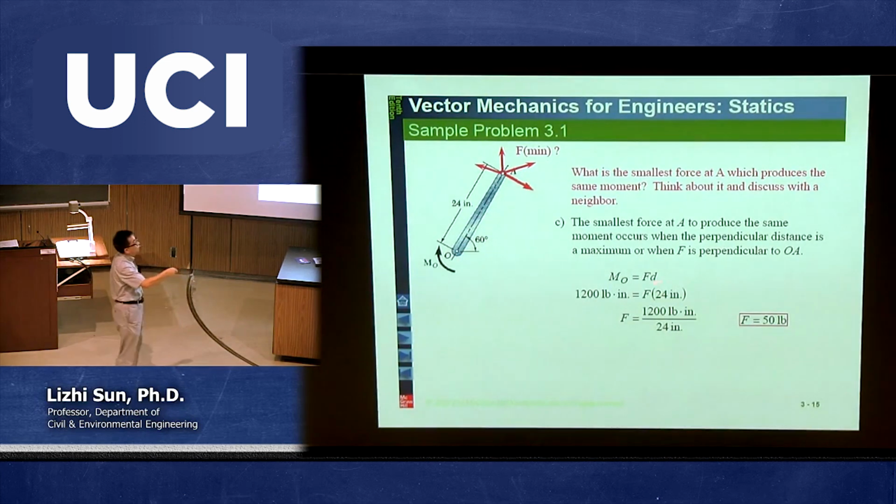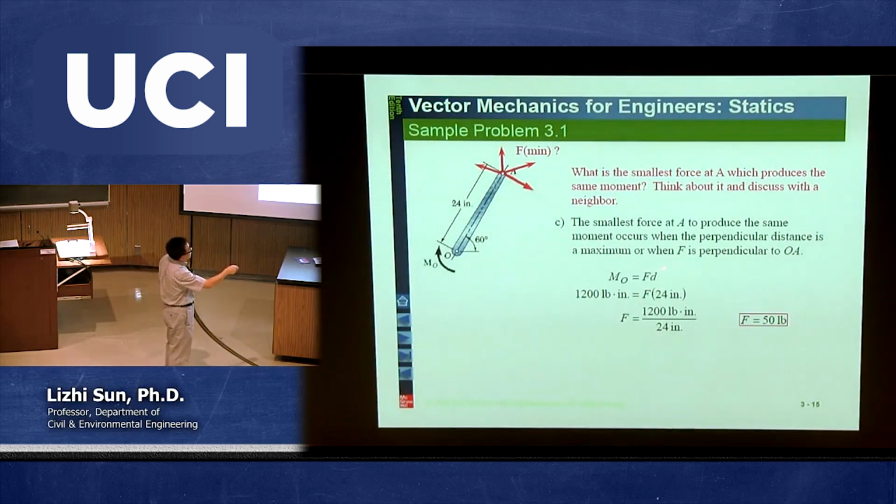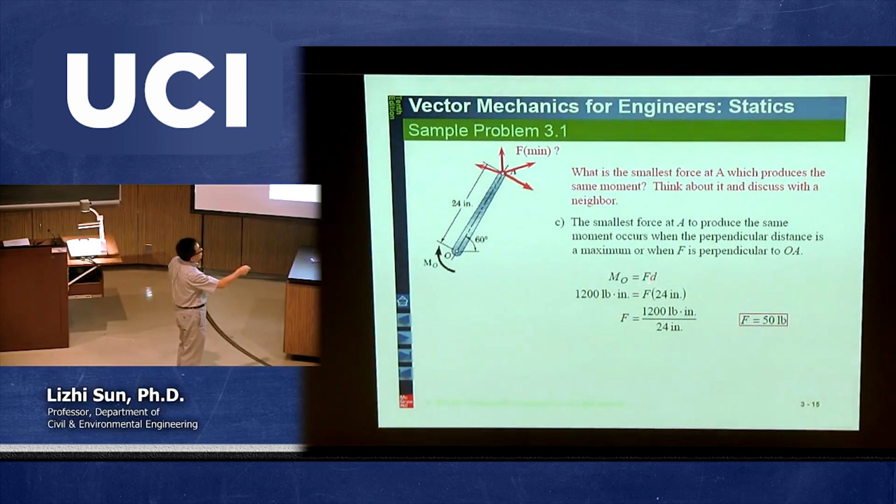You cannot find a D greater than 24. So 24 is the largest D. And if that's the case, going back to look at this equation, the left-hand side is assigned to be 1,200 from the previous two cases, which is equal to F times D. You try your best to minimize F, but at the same time, you need to maximize D. The maximum value of D should be 24 inches.